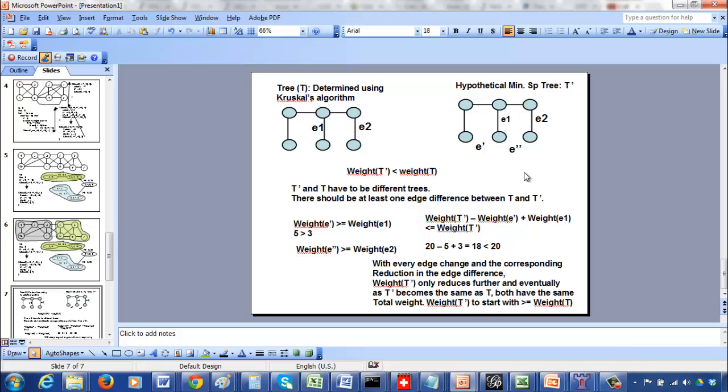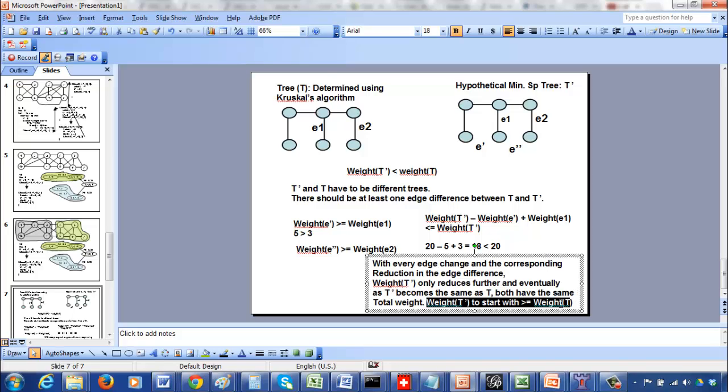We see that with every edge difference reduced between T and T prime, the weight of T prime is only going to reduce further if possible. It's not going to increase at all. So the weight of T prime is eventually going to become equal to the weight of T, and with all those edge changes, it is only going to reduce.